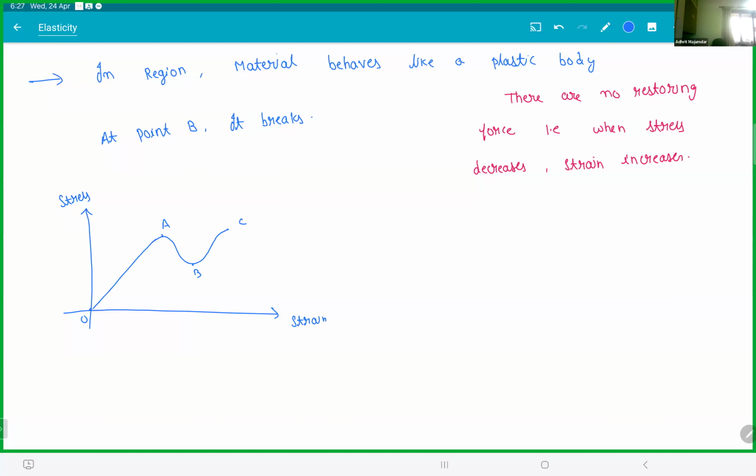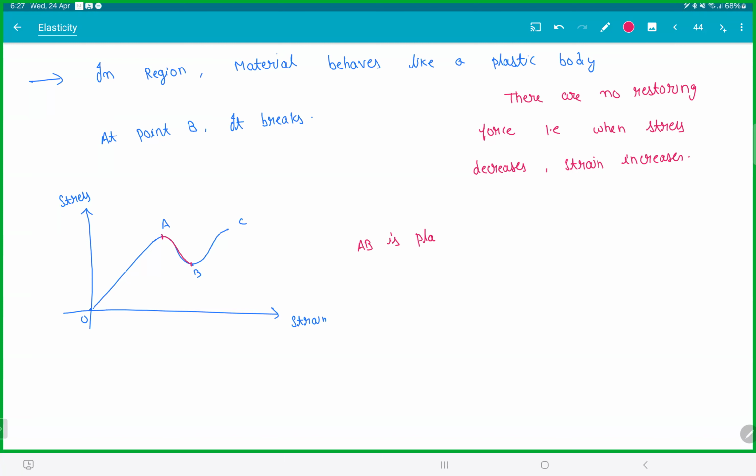AB. So remember just now what we said about a plastic body. Got an answer, type in the chat box here. Let others also try. You know the answers. So A to B, what is happening here? Even when the stress decreases, strain should continue to increase. So AB is the plastic region.